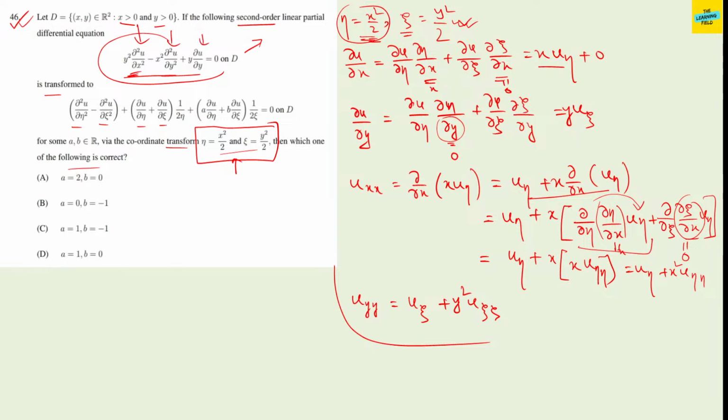Now if we put these into the equation, what occurs? Suppose we put them in equation 1, what will we get? See, y² means 2ξ. So 2ξ u_xx means this one: u_η plus x² means 2η u_ηη.